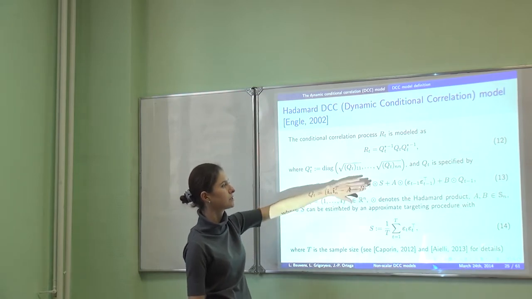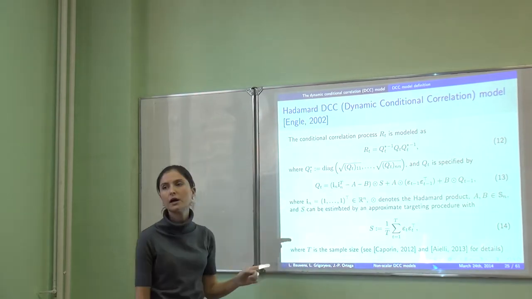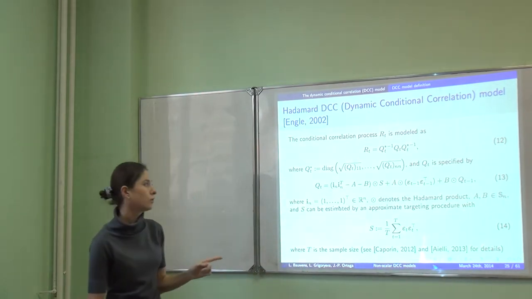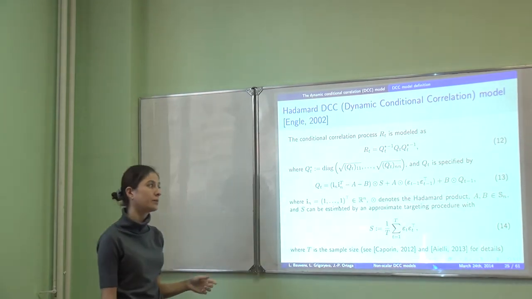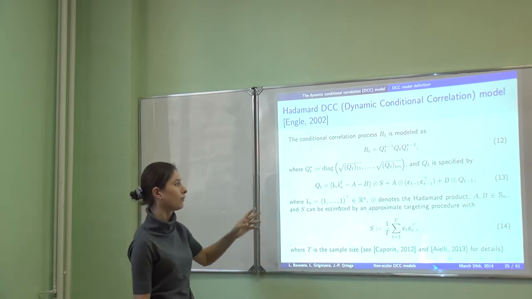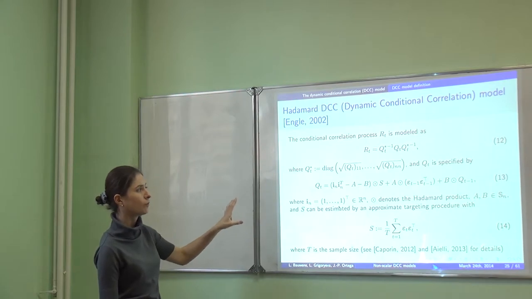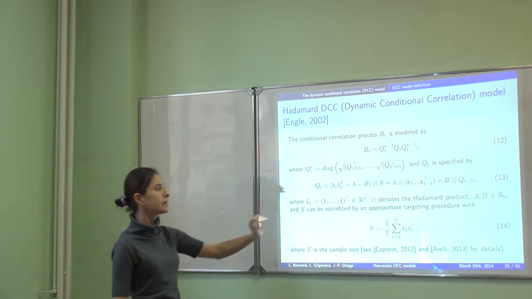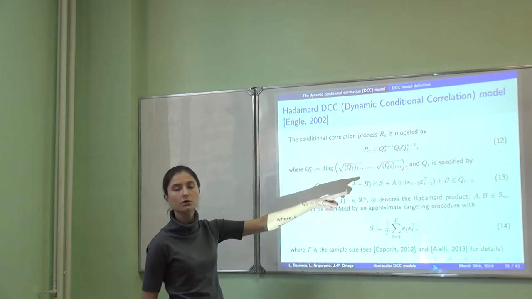This is just the constant. Now we see that this model resembles the GARCH models a lot. We have our parameters A and B that in general are symmetric matrices, and I denote the vector of ones. S, as I told you, can be estimated beforehand. So now what we would like to be able to do is to estimate the parameters that go in this model, so A and B.